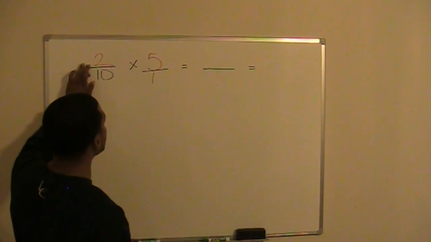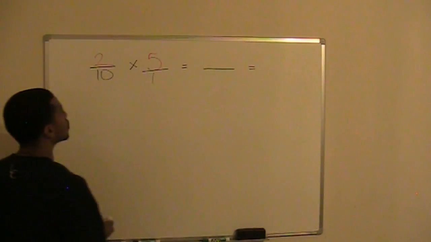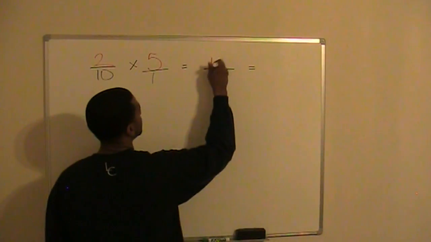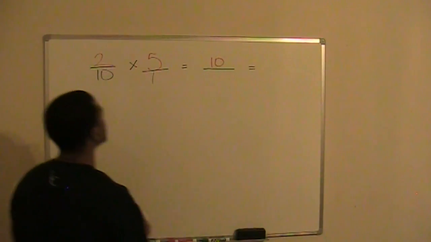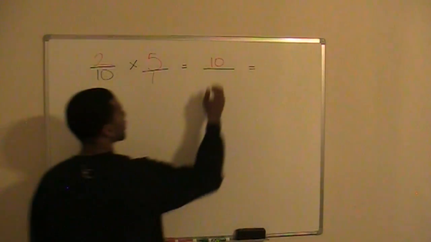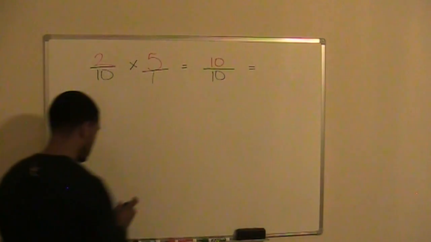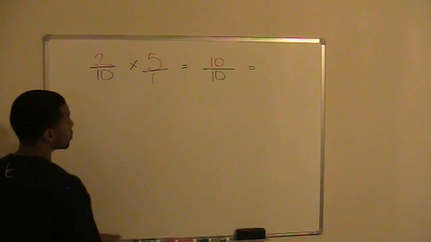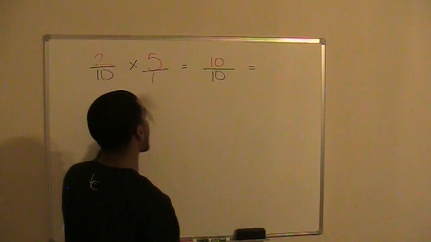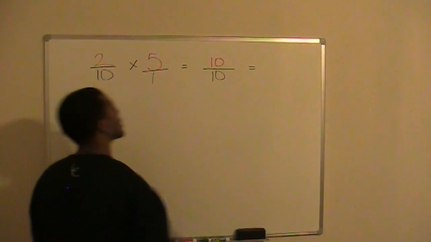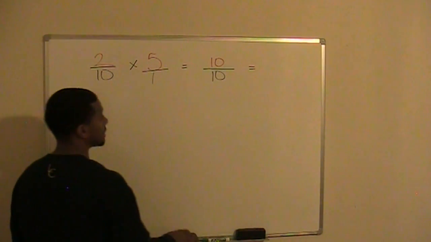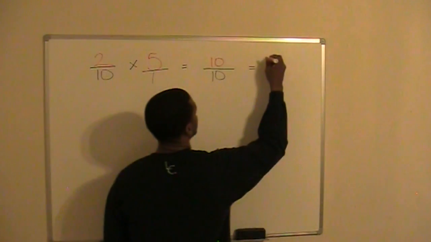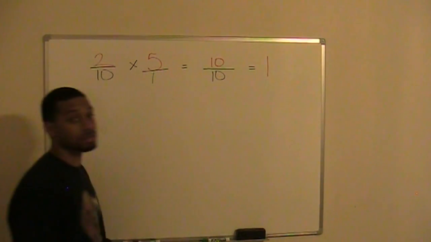My 2 numerators are 2 and 5. 2 times 5 will give me 10. And then I go to my denominators. 10 times 1 is 10. So 2 tenths times 5 will give me 10 tenths, which means 10 divided by 10. And 10 divided by 10 will give me 1.